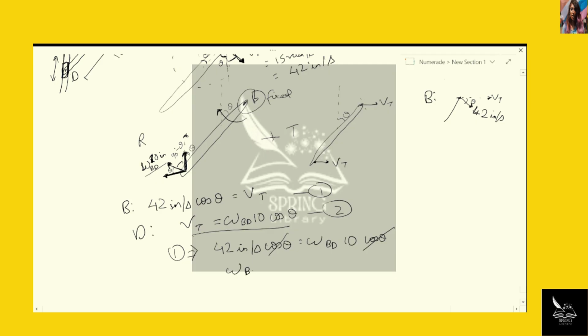Cos theta gets cancelled and we get omega BD as 4.2 inches per second. So it turns out that omega is the same for all angles.